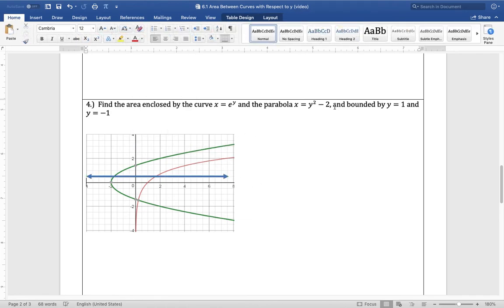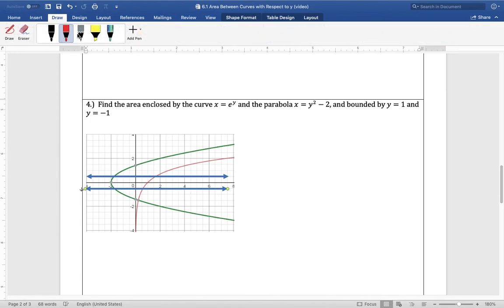And then the other one is y equals -1. So let me just copy and paste that. Y equals -1. So what we're looking at is this whole region right here, bounded by just this stuff right in here.